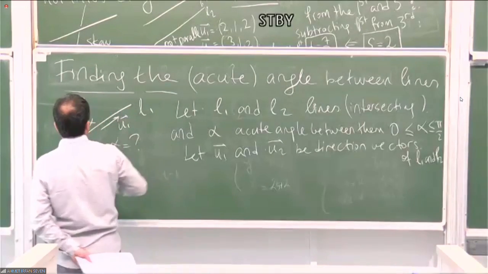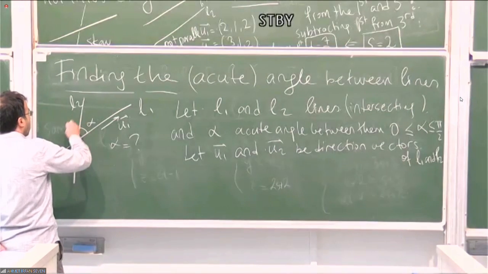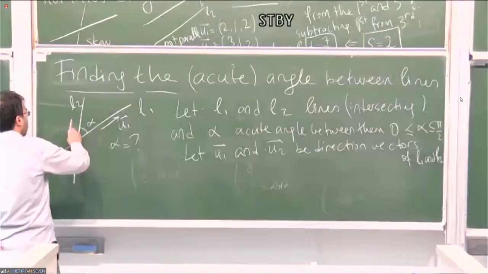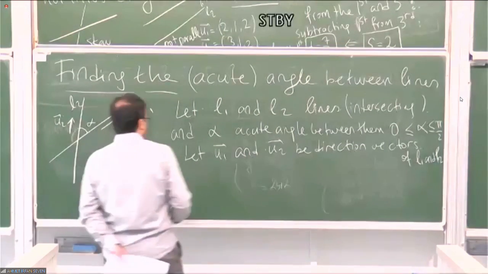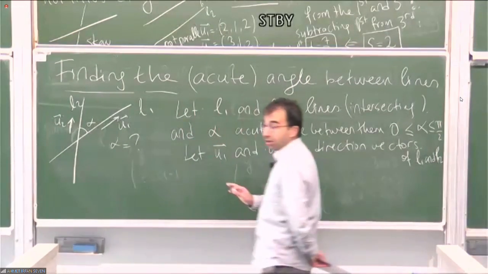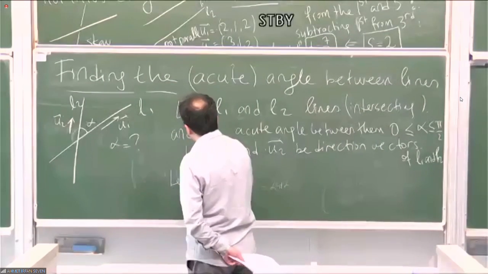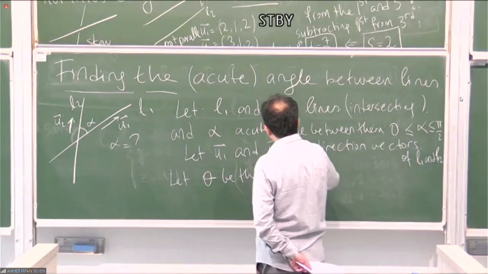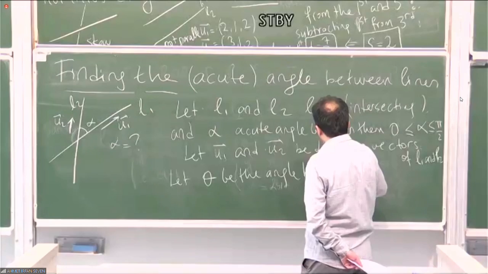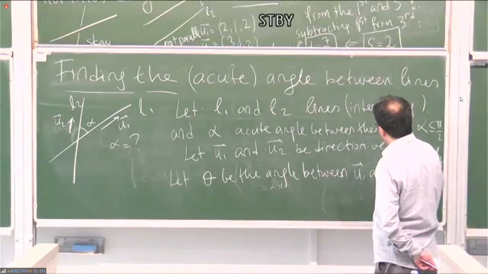U1 will be parallel to this one, and U2 will be parallel to this one, U2 parallel to L2. Okay, these two vectors, there will also be an angle between these vectors. So let theta be the angle between U1 and U2.